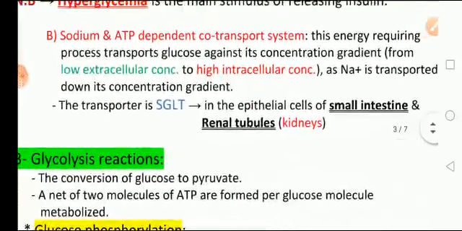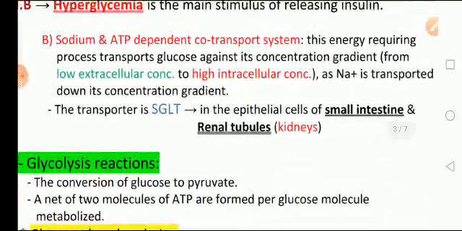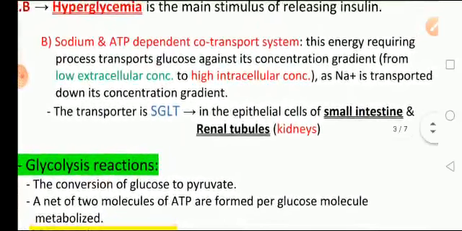The second system is the sodium ATP-dependent co-transport system. From its name, ATP-dependent, requiring energy. Sodium, I need to transport both sodium and glucose at once.